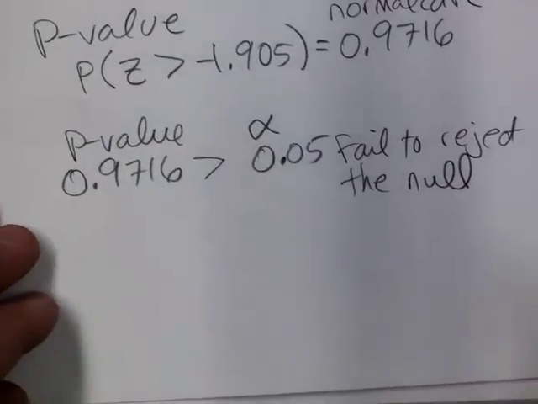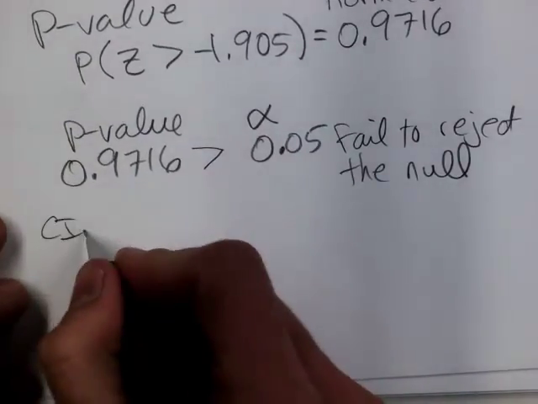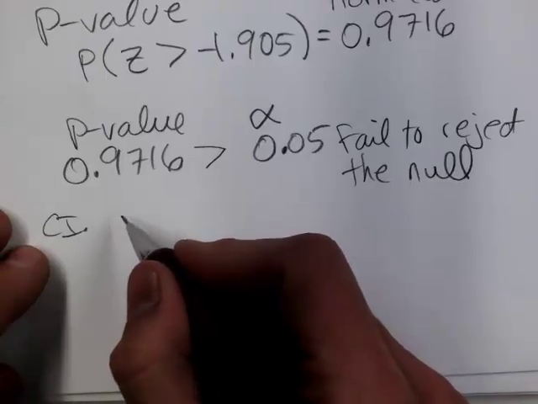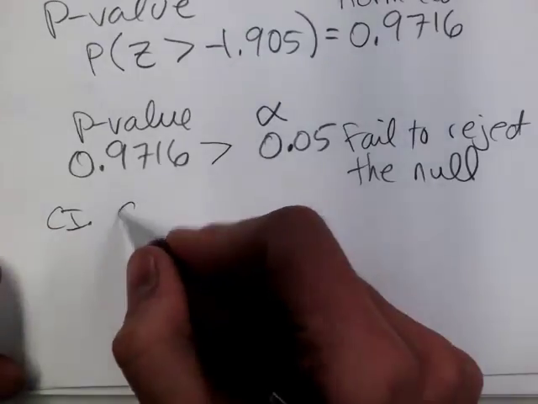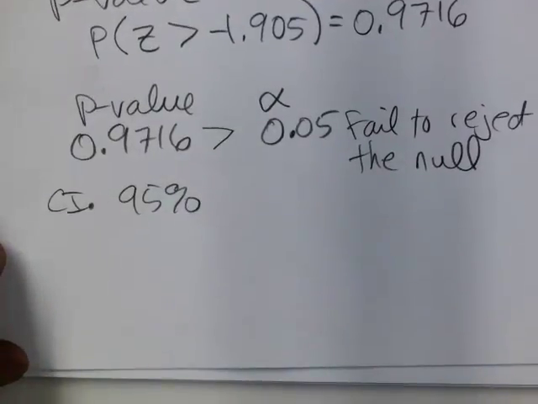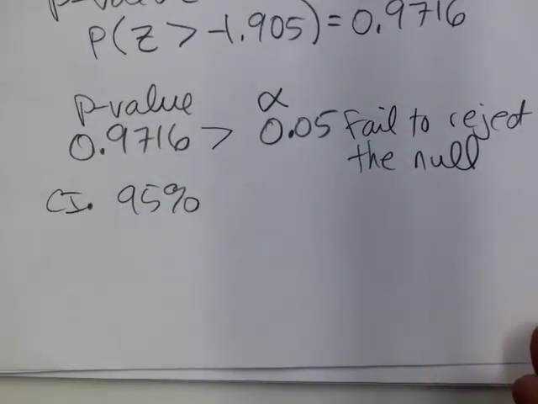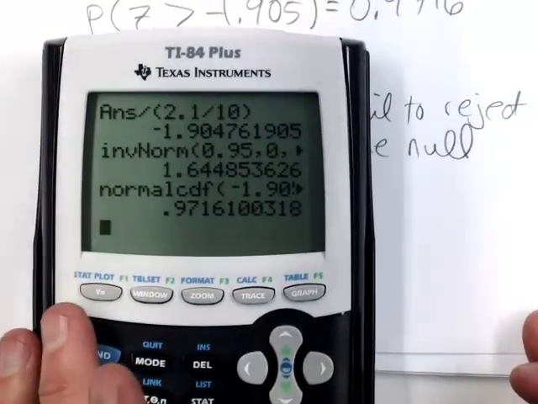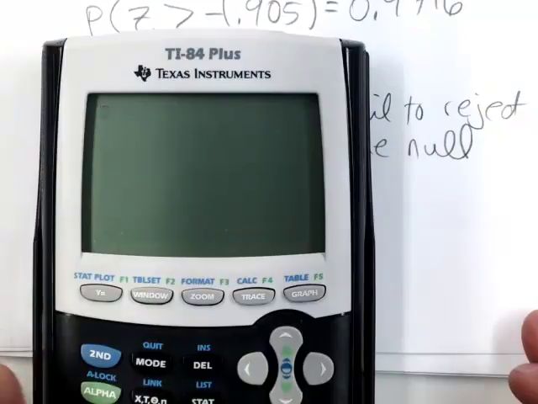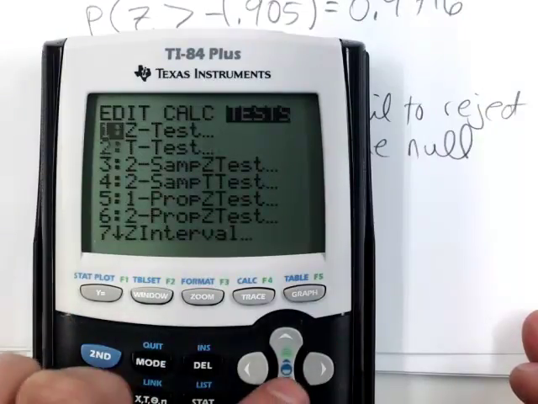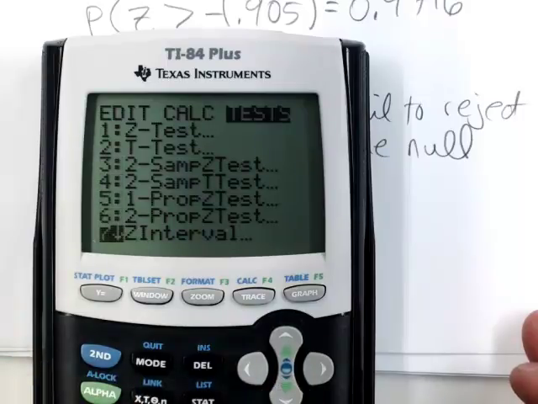Okay. All right, so going down to the confidence interval, if alpha is 0.05, then I want a 95% level of confidence. So I'm going to go back to the calculator, just to refresh your memory here. I'm going to go to stat, then tests, then scroll down to Z interval.